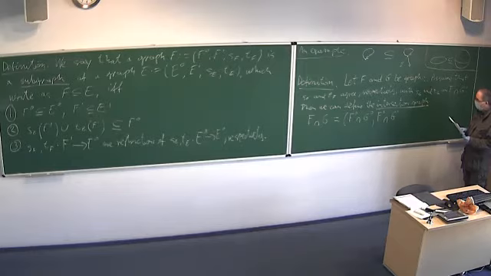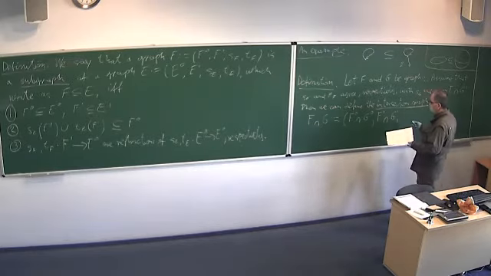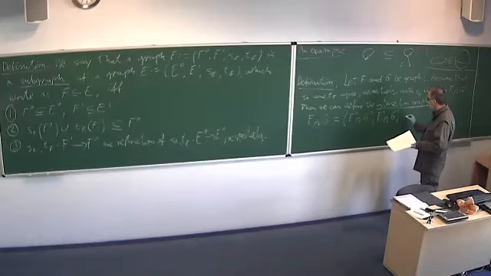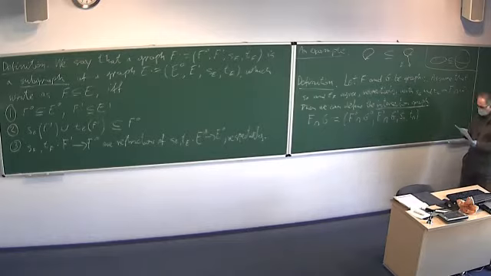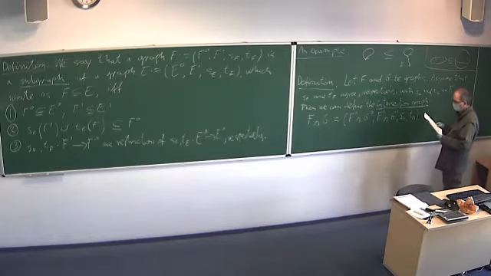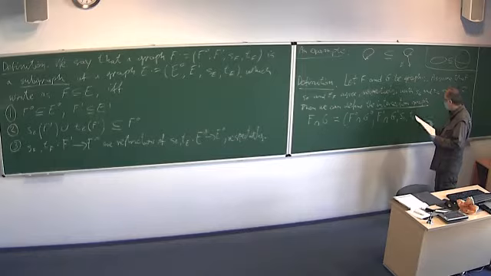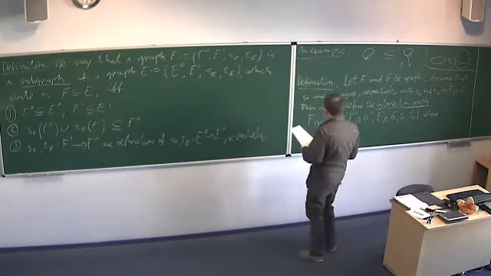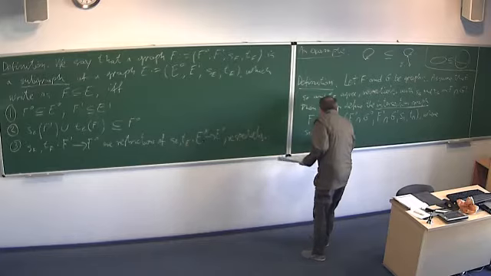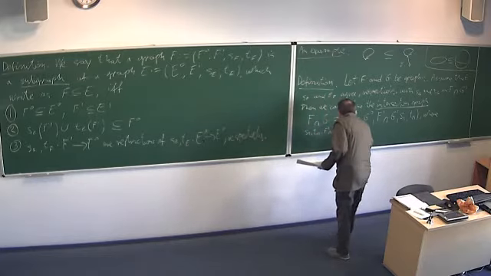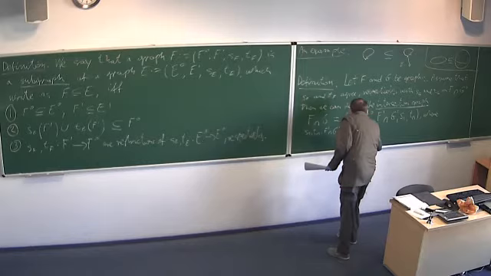Okay, now I have to also write down these source and target maps. So it's S cap and T cap. Now I have to define these source and target maps, but the definition is obvious. But let me write it down. These are, of course, maps from F1 intersect G1 to F0 intersect G0.